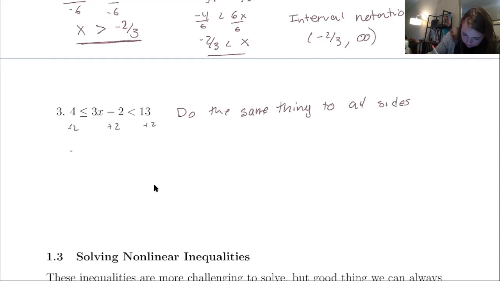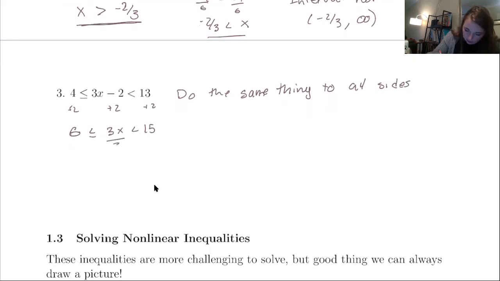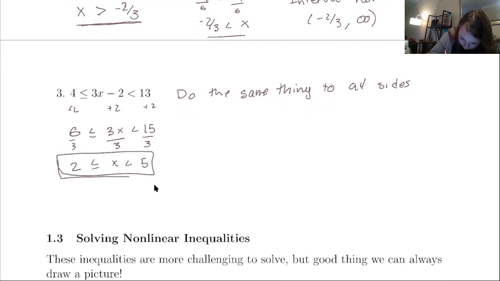That's going to be 6 less than or equal to 3x less than or equal to 15, right? Then I'm going to divide all the sides by 3. And then I get 2 less than or equal to x less than or equal to 5, right? And we're good.